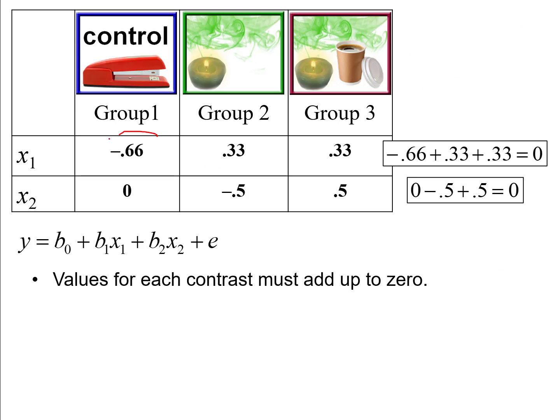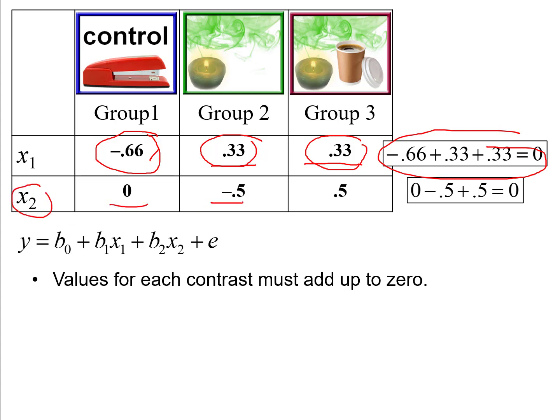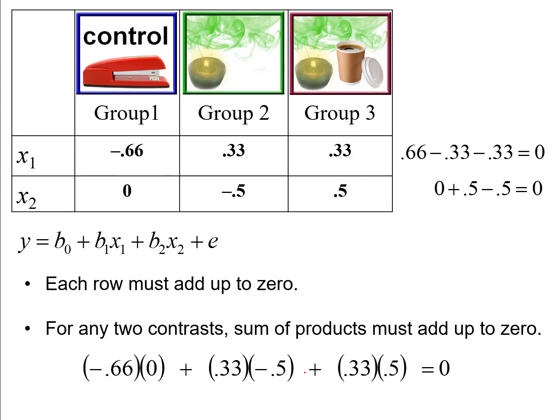Group 1 was negative 0.66, group 2 was positive 0.33, group 3 was positive 0.33. Negative 0.66 plus 0.33 plus 0.33 adds up to 0. For our second contrast, we have a 0, a negative 0.5, and a positive 0.5, and again, that adds up to 0. So one rule we need to follow is that the values for each contrast need to add up to 0.